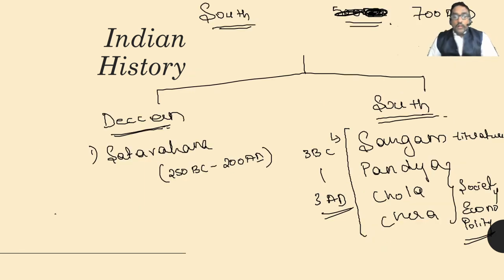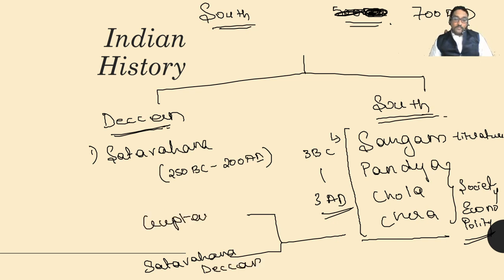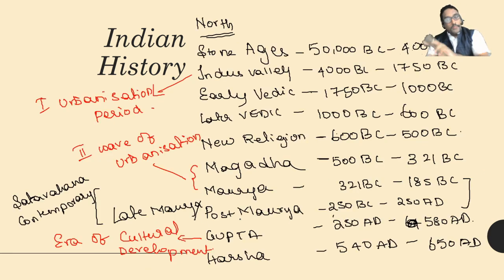So while these people were ruling the south, in the Deccan there were Shatavahanas, and in the north there were Guptas. Often when you prepare, these kinds of questions become very, very important in your preparation. Do refer to this entire timeline. Go through this entire chart once more.